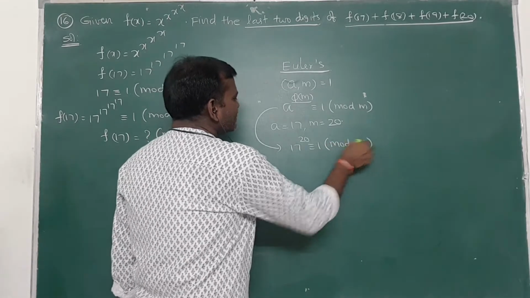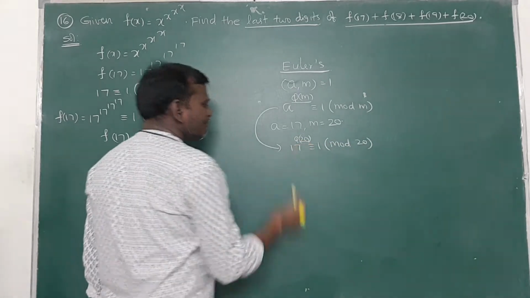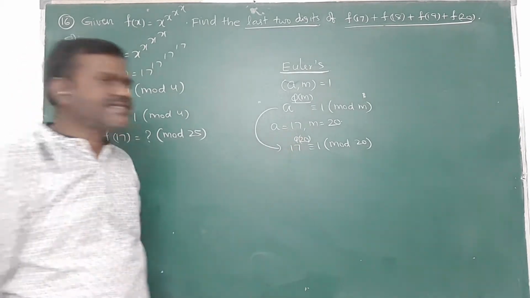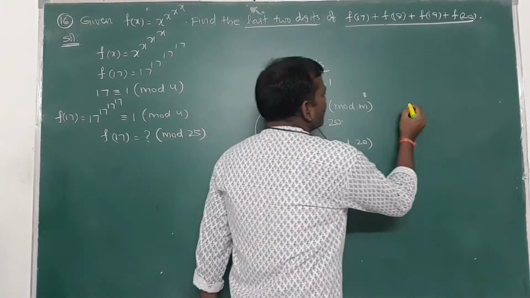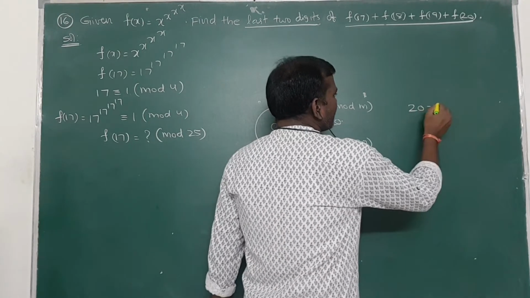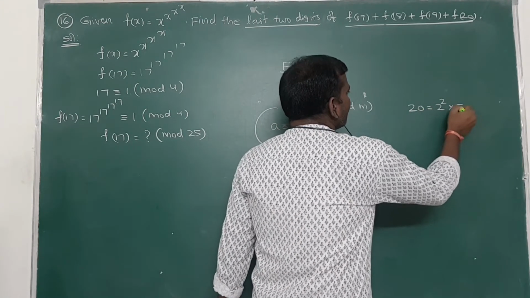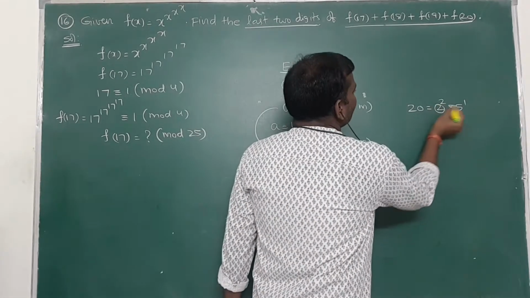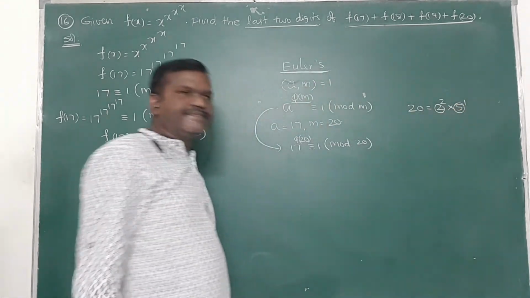Now, phi of 20, what is the quotient value of 20? How to find it here? 20 can be represented in prime factorization as 2 square into 5 power 1. Here 2 and 5 are the prime factors of 20.